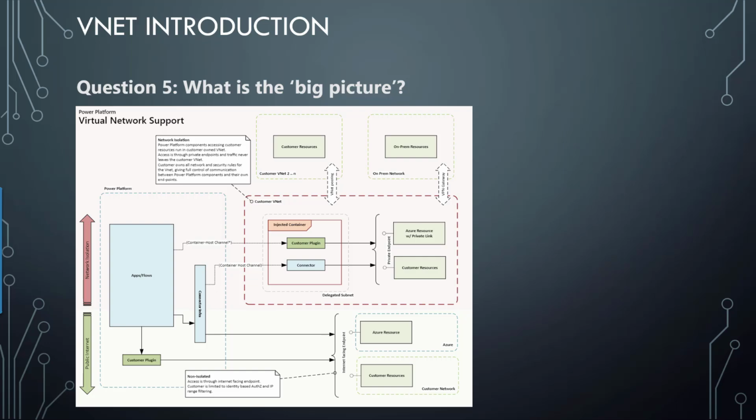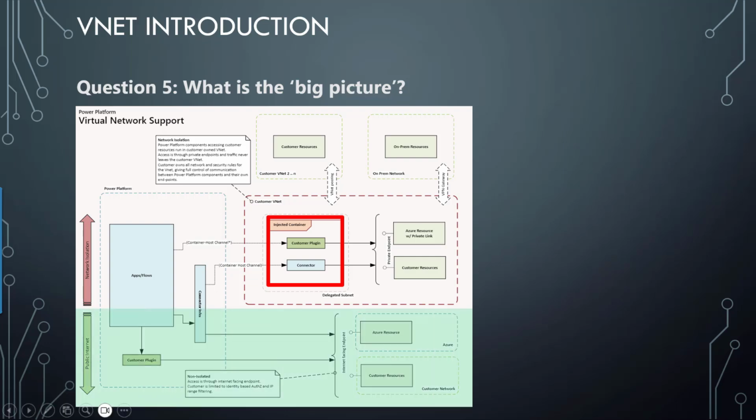Here's another picture. Again, in the middle, we focus here on the red part. That's the VNet. In the VNet, we have this injected Windows container with your plugins, with your connectors. You see here in light gray the delegated subnet. And then you can communicate here with your resources. But if you set up a VNet for an environment, this does not mean that everything else is restricted.